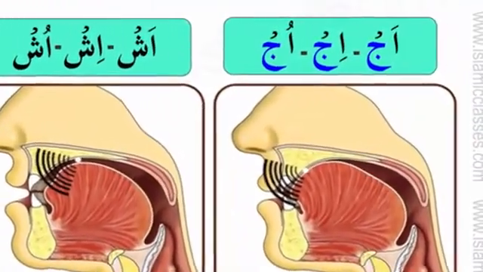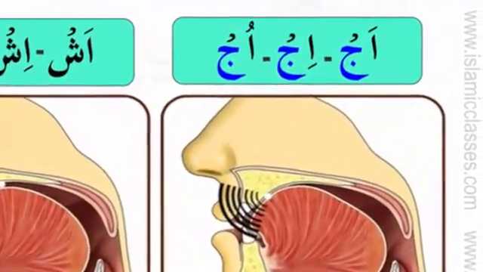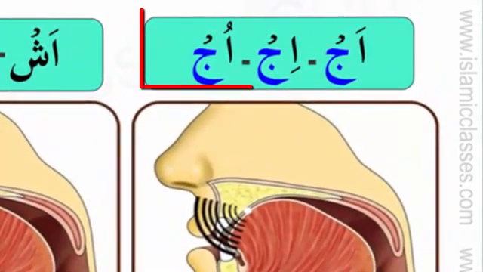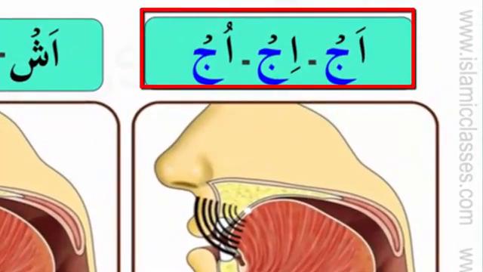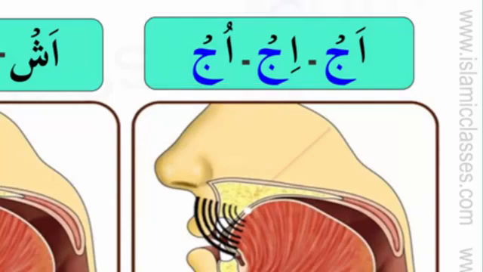So we say Hamza, Jeem, Fatha, Aj. The sound of Jeem should break in that Makhraj place. Okay? Like we say Aj, Aj. And why is this blue color here? Because there is another rule which we call kalkala.